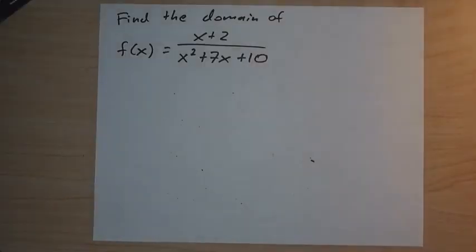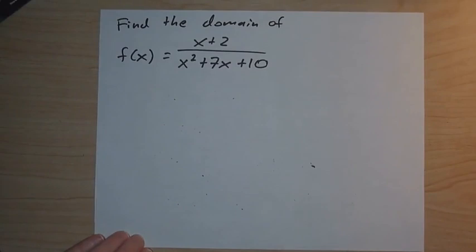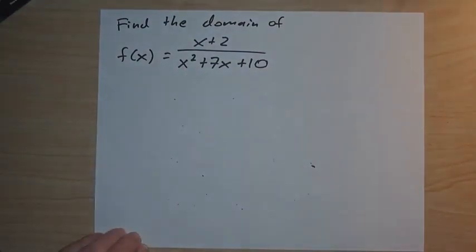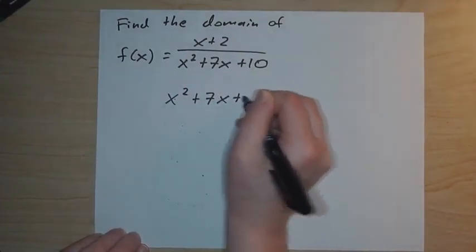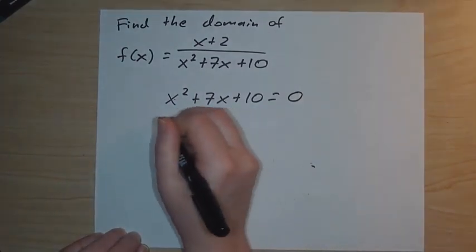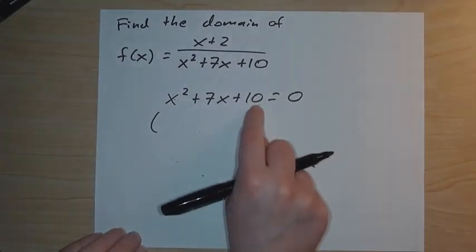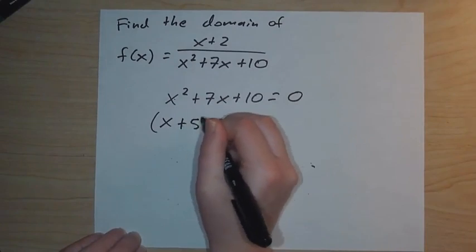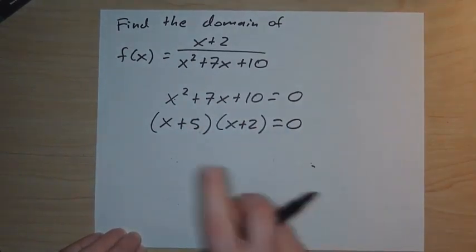Here's another example. We can't have this equal to 0 because we can't have an indeterminate form. We can't divide by 0. So we're going to set it equal to 0 and factor this. x squared plus 7x plus 10: looking at factors of 10 that add to 7, that's going to be (x plus 5)(x plus 2) equal to 0.